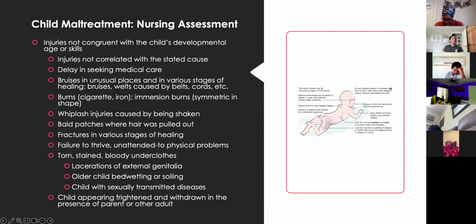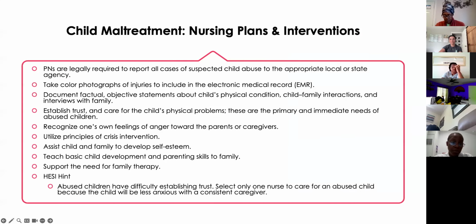We can also see whiplash and shaken baby syndrome, bald patches if hair was pulled out. One of the other things that we frequently see is a child being frightened or withdrawn in the presence of their parent or another adult, in the case of child abuse or maltreatment.